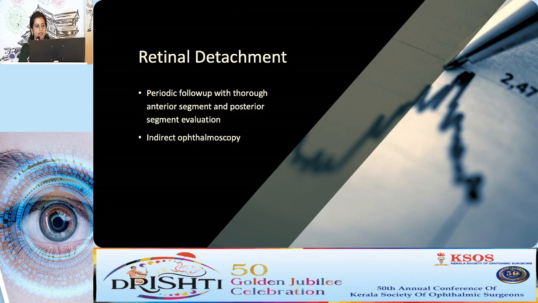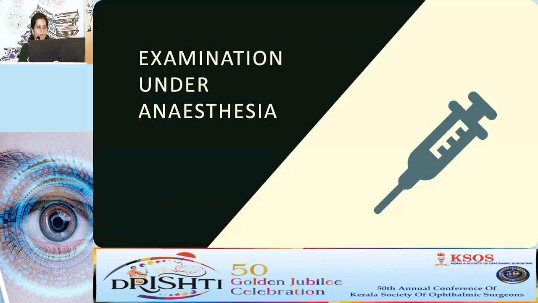Retinal detachment: a thorough posterior segment evaluation is mandatory in almost every post trauma follow up visit, or at least yearly after the child has become stable, because we might miss peripheral retinal changes following the trauma, and this needs indirect ophthalmoscopy. The importance of this cannot be stressed more.